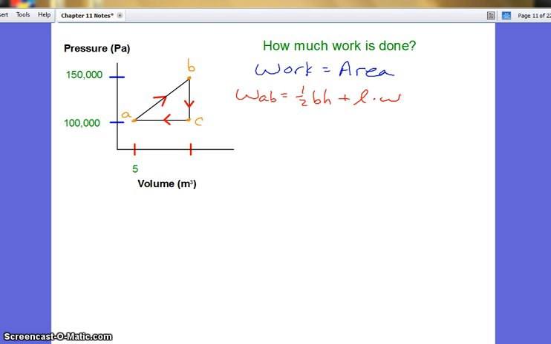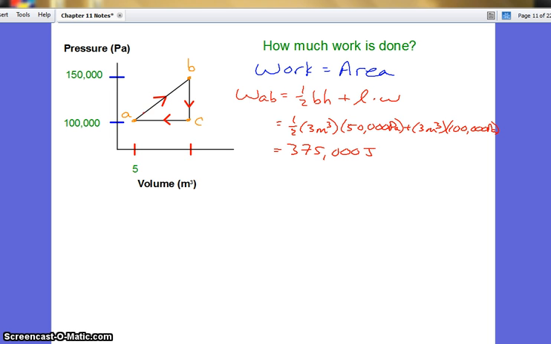It is the same problem. I'll write out the values. The base was again 3 cubic meters. Height was 50,000 pascals for this triangle on top. The length of this rectangle down below was 3 cubic meters, and the width was 100,000 pascals. And so we get 375,000 joules.